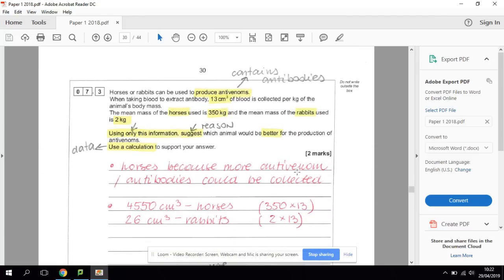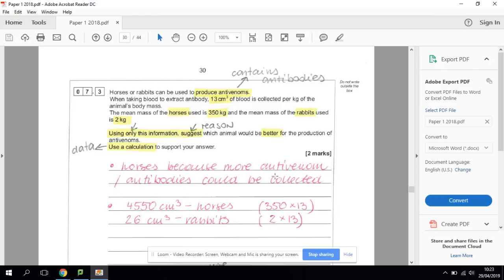7.3, then another maths question. We've got the horses and rabbits that were used to produce antivenom, and you've got information here to use and give the reason which animal would be better for the production of antivenoms, and use a calculation to support your answer. So of course, what we're looking at here are our numbers, where those answers come from the mass of the specific animal and the amount of the antibodies collected.